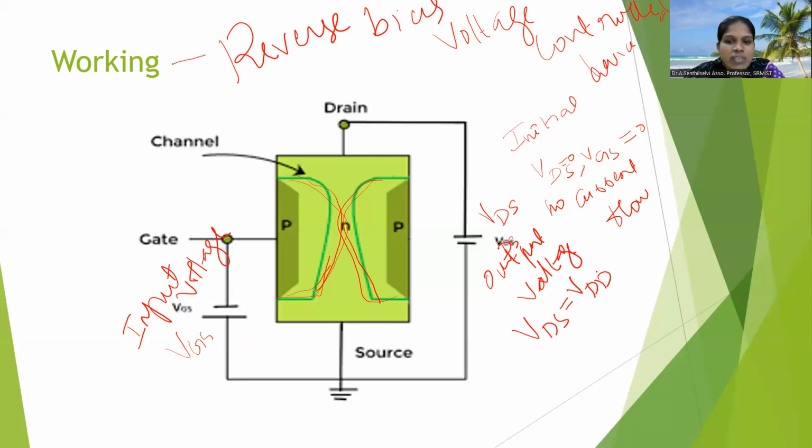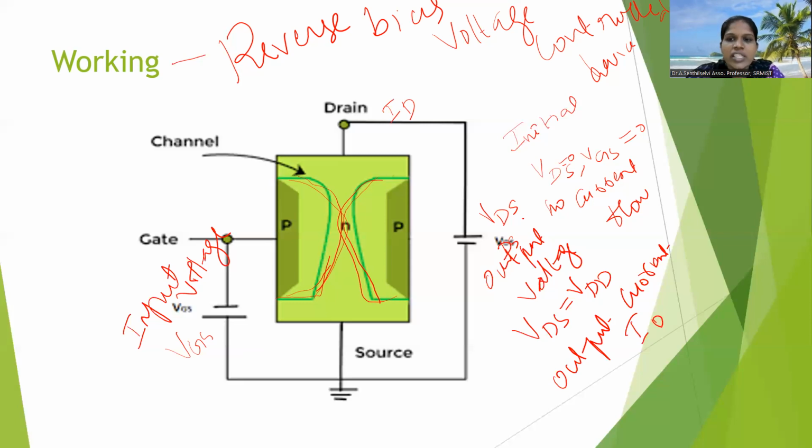The output current is called ID because it flows in the drain terminal. So in the circuit connection, the input voltage is VGS, the output voltage is VDS, otherwise called VDD, and the output current is ID.